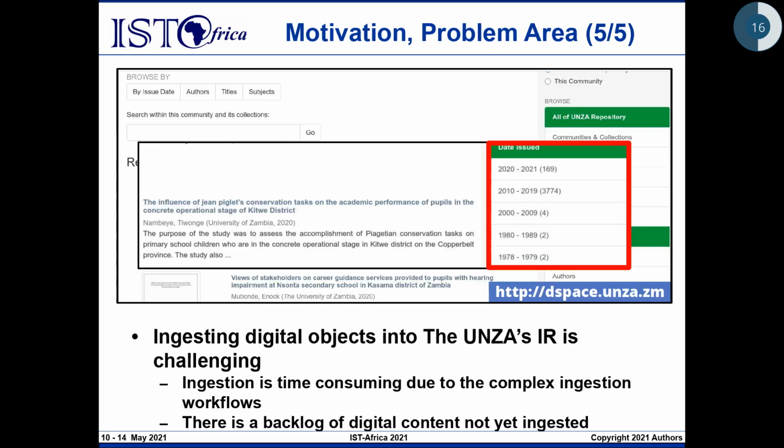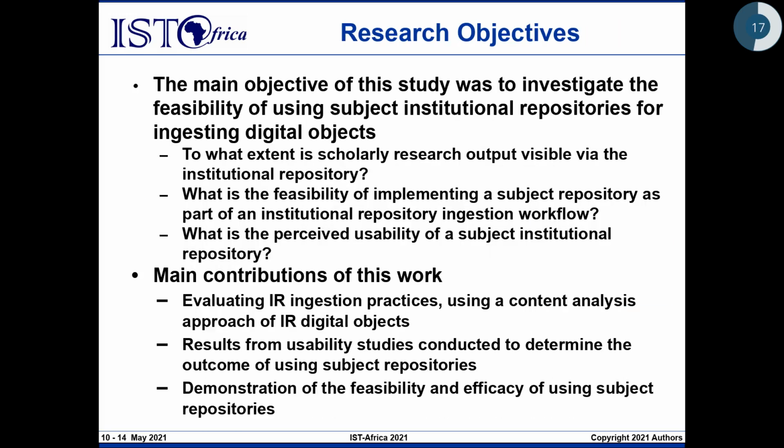And so to address this problem, we actually set out to investigate if it would be possible to take advantage of so-called subject institutional repositories in order to address the problem, right? So the idea behind a subject repository here is that rather than having an institution-wide repository, you can set up clusters or satellite repositories that may be specific to a particular discipline.